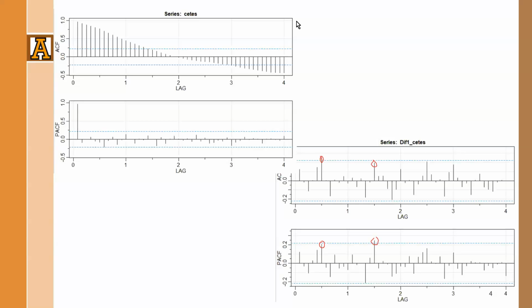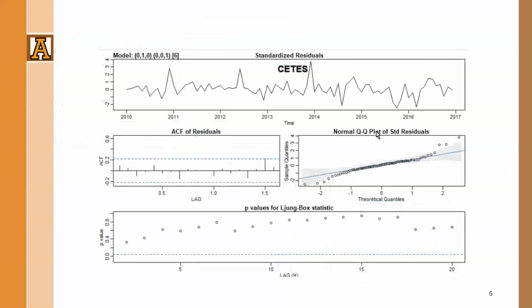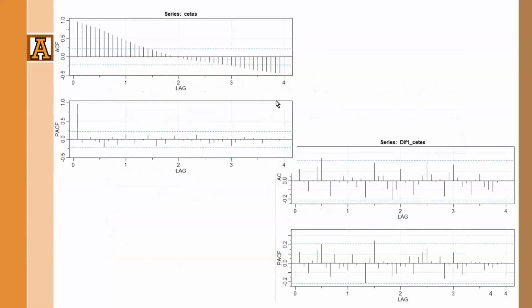So now let's look at this. Since we're seeing that we need to take a difference, okay? If we look at this ACF and PACF, what we observe is that there's nothing here at the beginning. I don't have any significant lags right at the beginning.